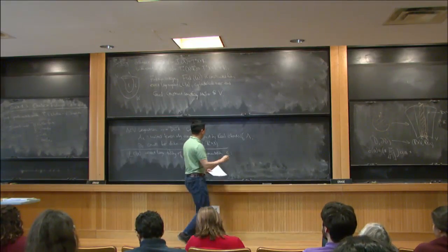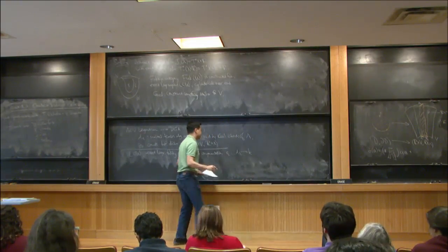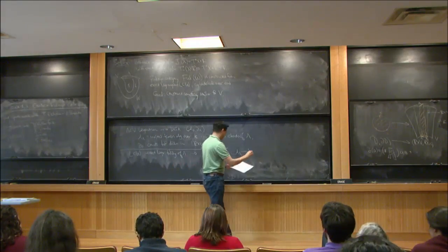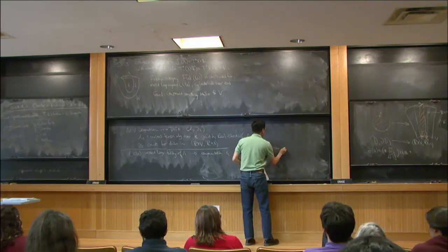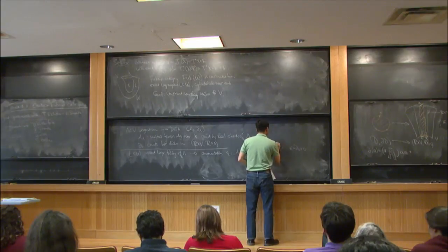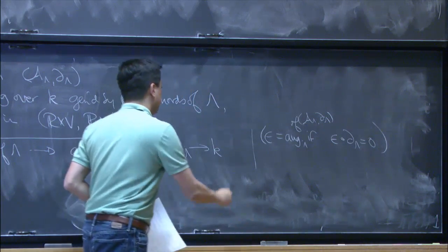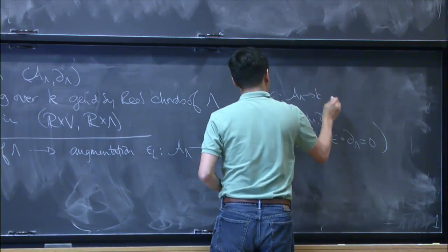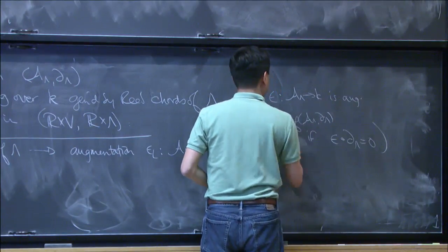So augmentation from A lambda to, let's say, your base field K. And what does augmentation mean? Remember, this is an augmentation if when you compose it with the differential, epsilon D lambda is zero. So epsilon from A lambda to K is an augmentation.